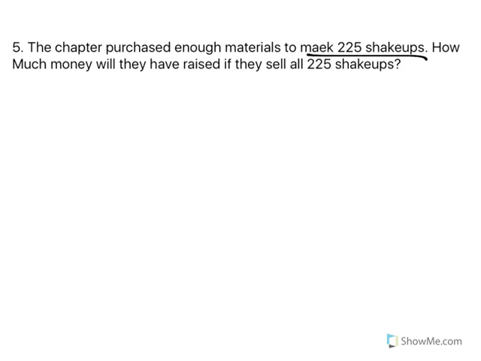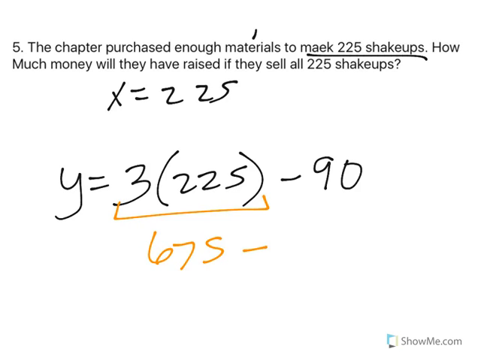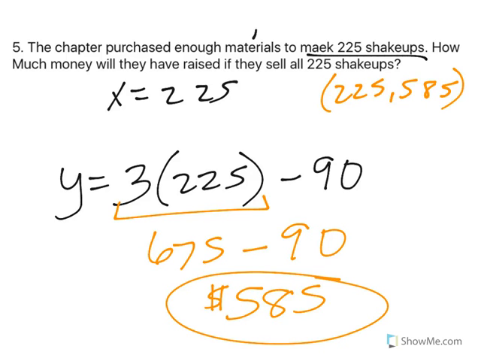If they sell all of those, that means X is 225. So Y equals $3 per shake-up minus the $90 it took to get it started. So it's $675 minus 90. That means they profited $585. So when X is 225, the profit is $585. That would be an ordered pair.